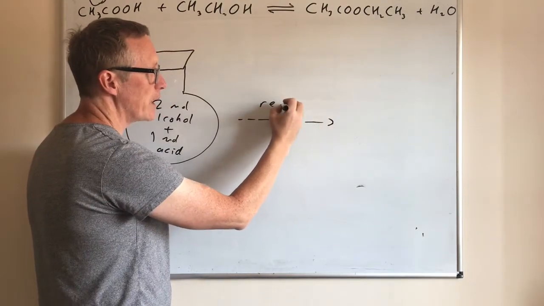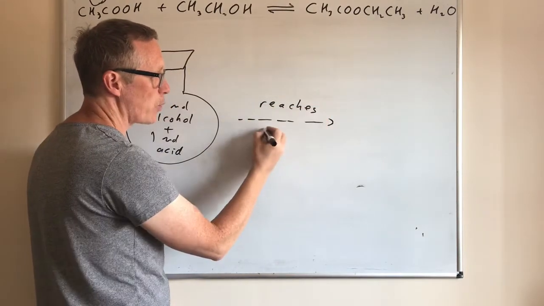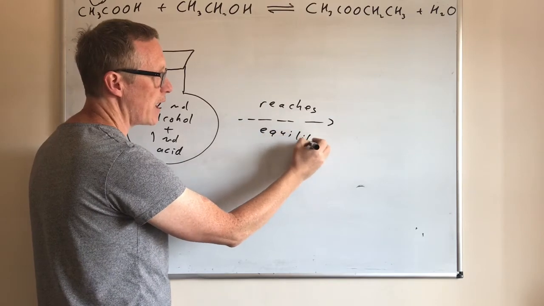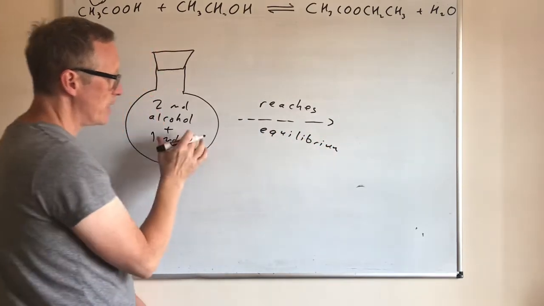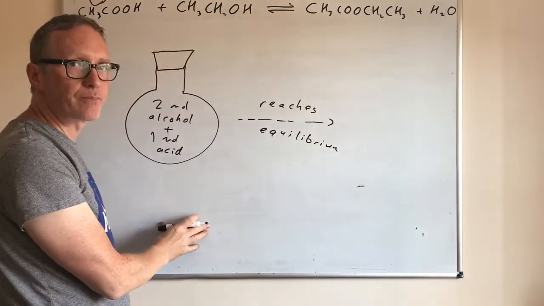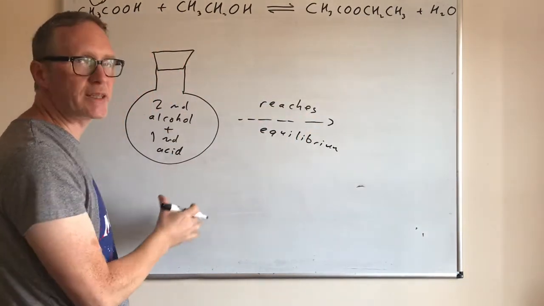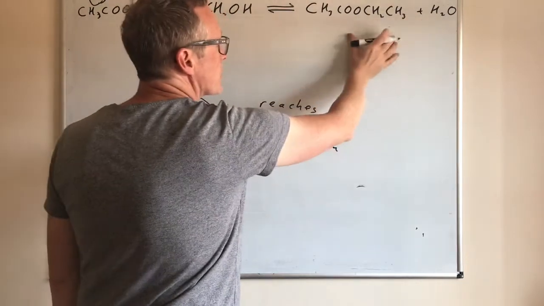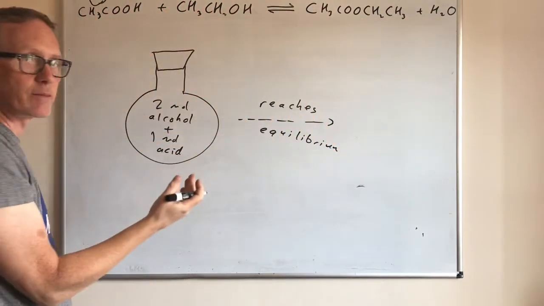And slowly, as it reaches equilibrium, the amounts in there will go down. These things will react together to form some of this, but it won't go 100% because some of these products react together to go back again.